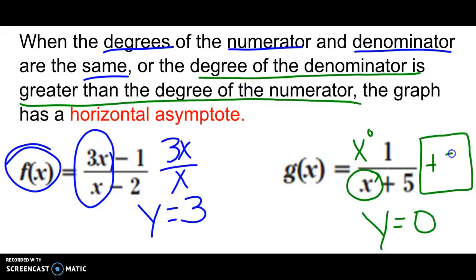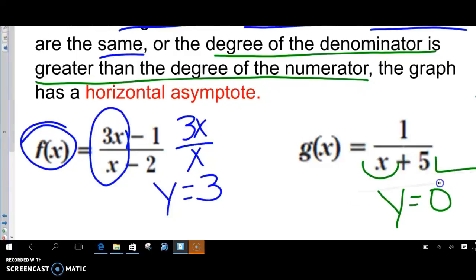But if you had something added on, then your horizontal asymptote would be y equals 2, okay? Just in case you are a little unclear. And again, you can graph it, you can plot points, and you can kind of get a visual representation of that.